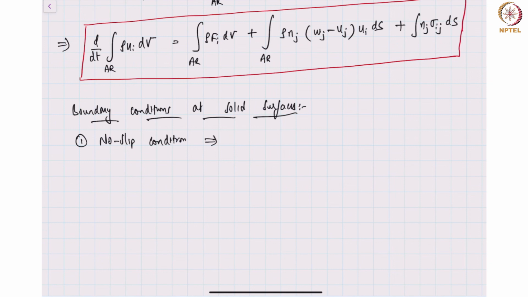It means that if you have a boundary, then the tangential velocity along the boundary is 0. Therefore, you would say u dot t is 0, where t is the tangent to a solid boundary.